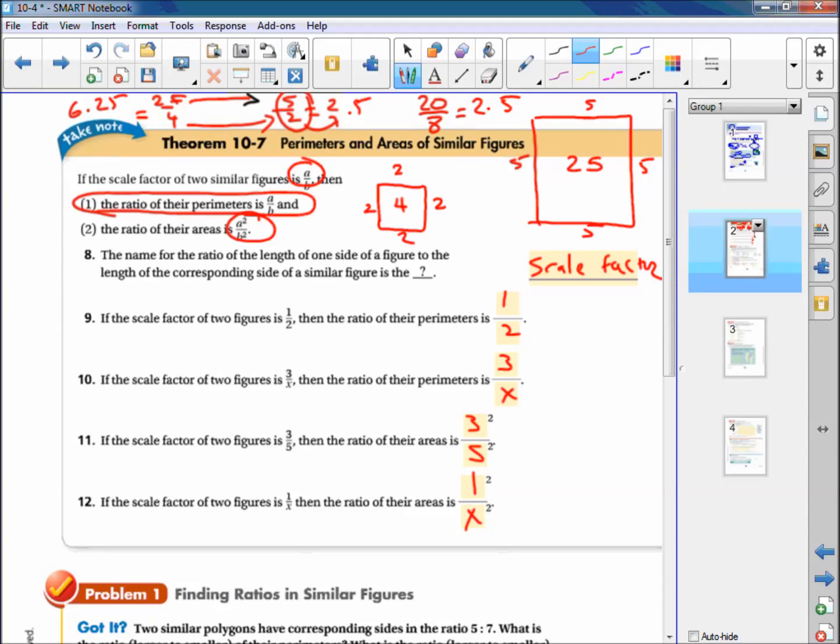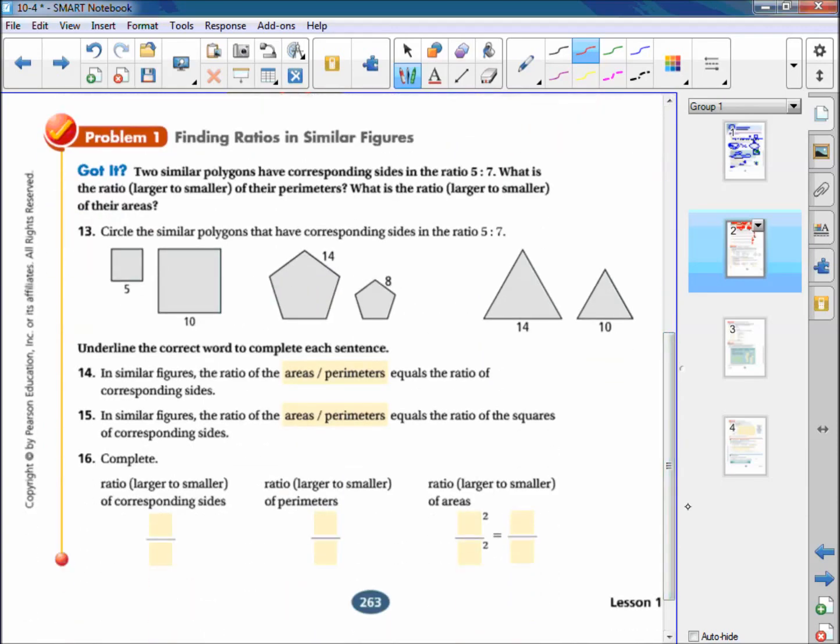All right, problem number 1 down below. Finding the ratios in similar figures. So this is two similar polygons have corresponding sides in the ratio of 5 to 7. What is the ratio of the larger to the smaller for their perimeters? What is the ratio of the larger to the smaller of their areas? So first off, we need to circle the polygons that have the ratio of 5 to 7.